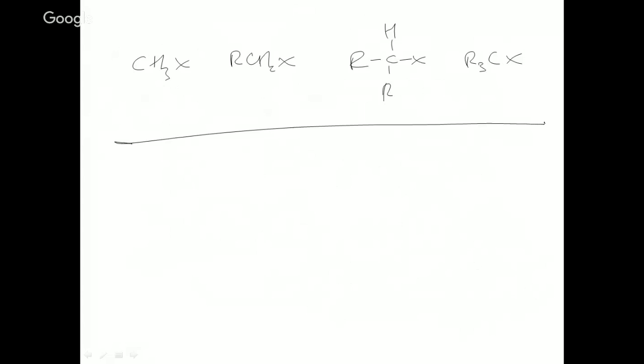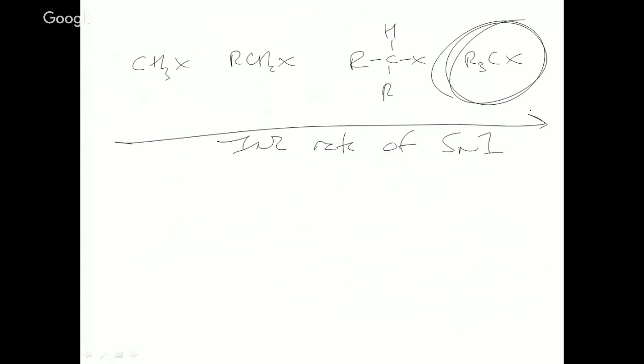Again, now let's look at the identity of the R group to finish this up. We have CH3X, we have RCH2X, RCHRX, so a secondary, and then we have a tertiary. Now we have increasing rate of SN1, most sterically hindered, three R groups. It's the opposite of SN2.